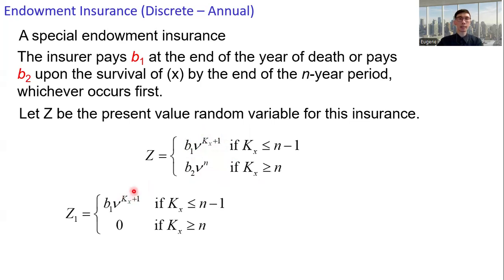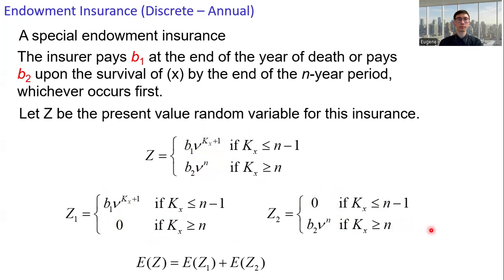This can be regarded as the sum of the n-year term insurance and the pure endowment. So the expected value of Z for this special endowment insurance is also the same, equal to the sum of the expected value of Z1 and the expected value of Z2.